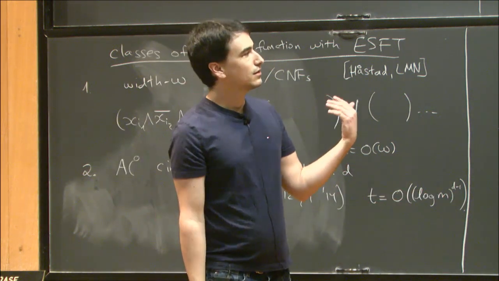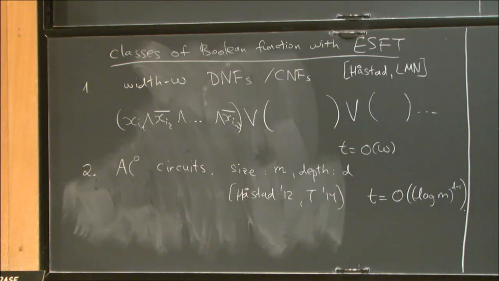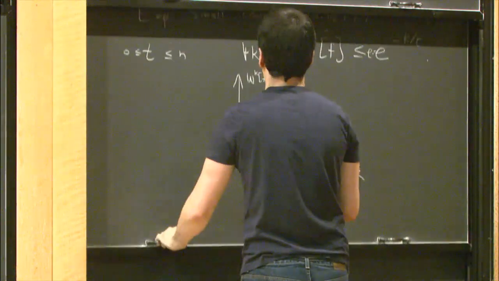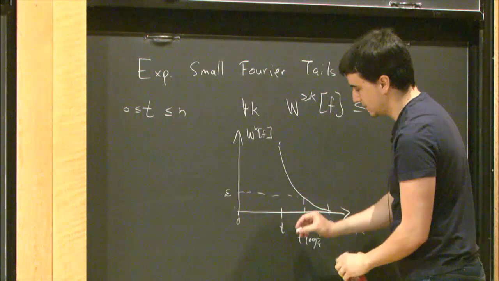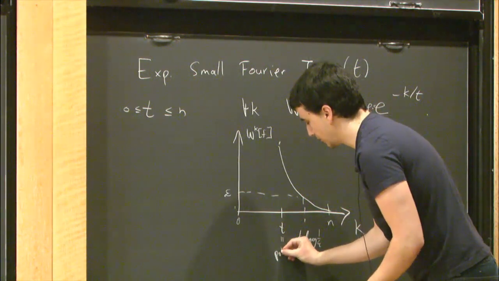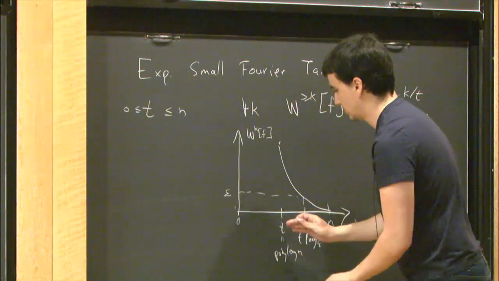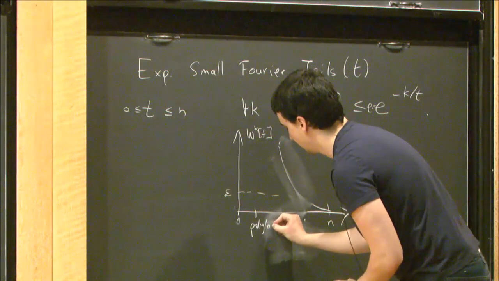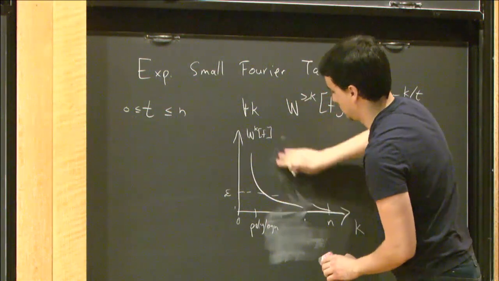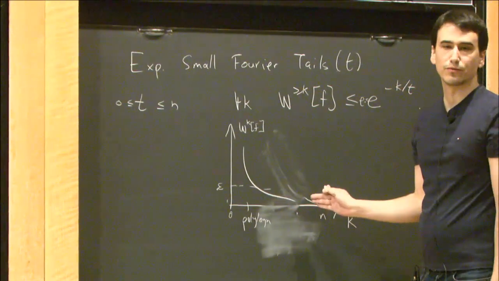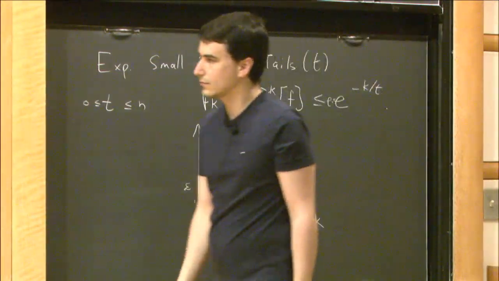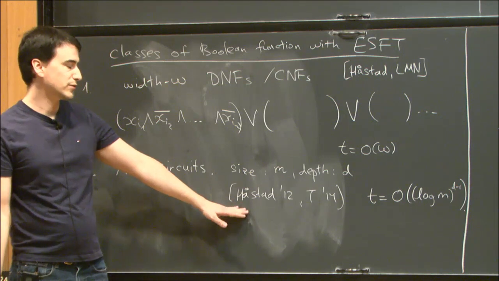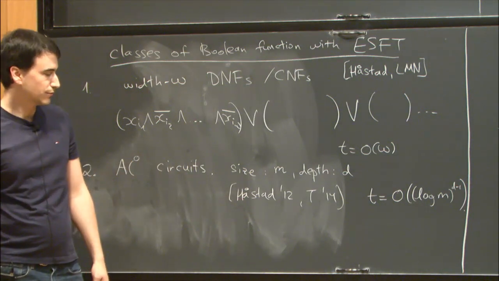It means that this picture looks like this when t is roughly polylog n, which is very, very small. So this is how the Fourier spectrum of such a circuit looks like. And this also involves a new kind of switching lemma and then Fourier calculations.